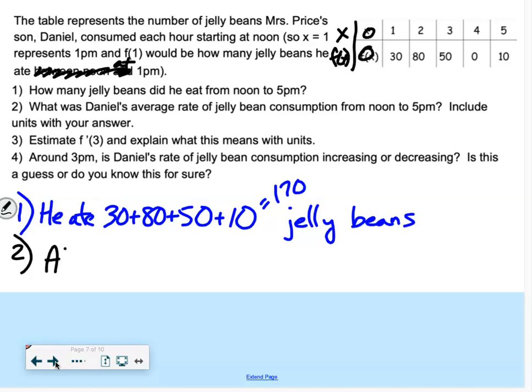It's just change in y over change in x. We are finding the average rate of change from time 0 to time 5. Take a moment, see if you can find the average rate of change from time 0 to time 5.